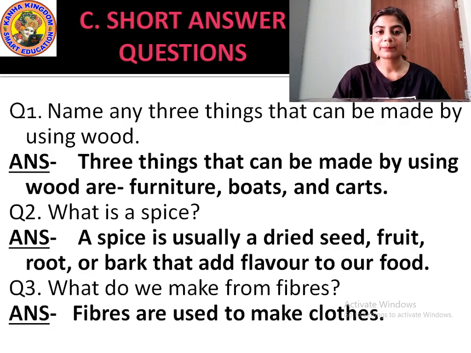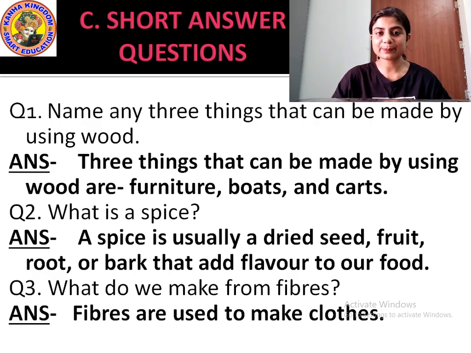Question number 1. Name any 3 things that can be made by using wood. Answer: three things that can be made by using wood are furniture, boats and carts. Question number 2. What is a spice?